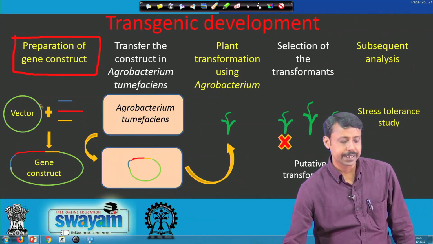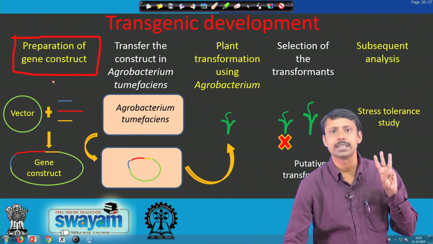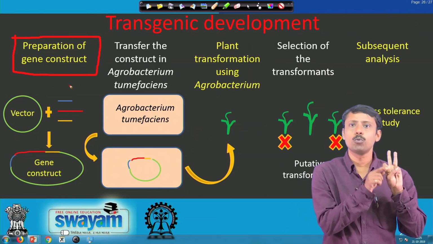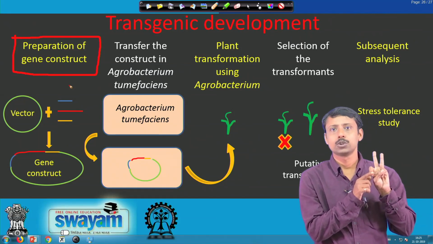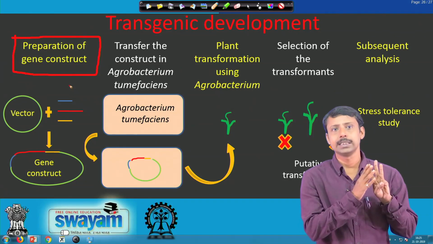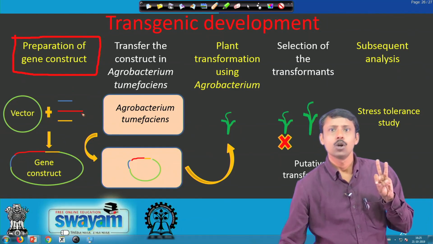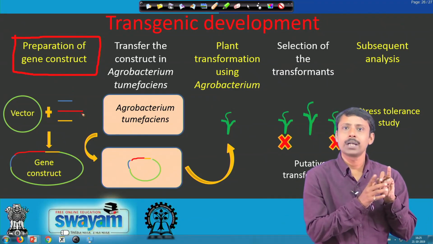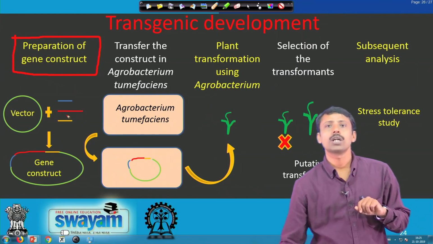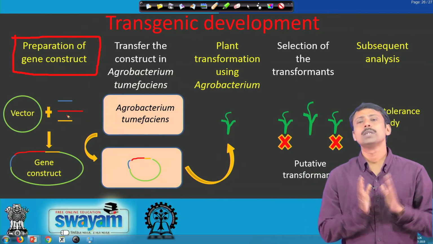And inside this vector, if we have to express a gene, we need at least 3 different things. One is the promoter. If a gene does not have a promoter it will not be expressed. We need a promoter because RNA polymerase will bind there and express the gene. Then we need a gene sequence from where ultimately we can get our desirable protein, and the third one is the terminator sequence or transcriptional terminator sequence where the transcription of our targeted gene will be stopped.